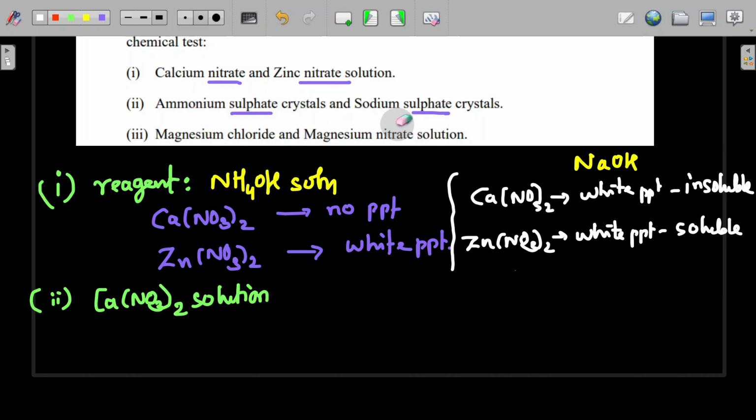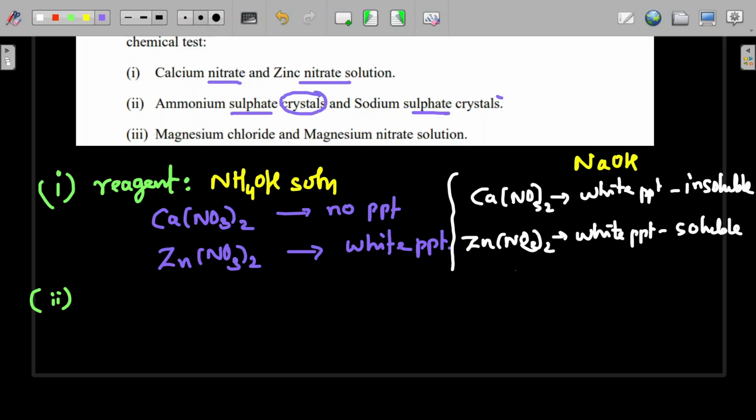This is sulfate and sulfate. So what will we take here? Tell me. With ammonium sulfate and sodium sulfate, what can we take? Barium chloride, if you take it, again the anion is same. In both cases you will get barium sulfate. Same mistake we are doing.